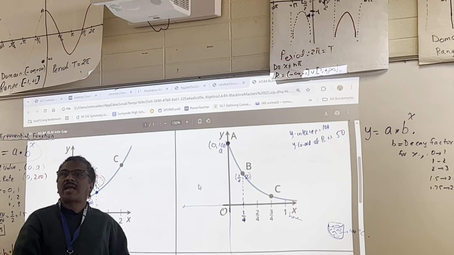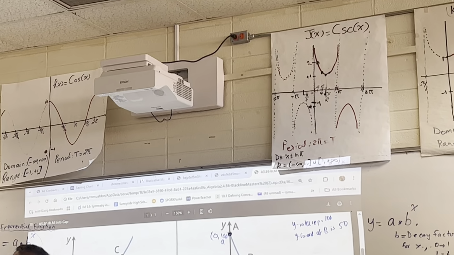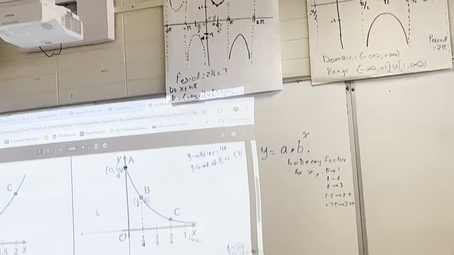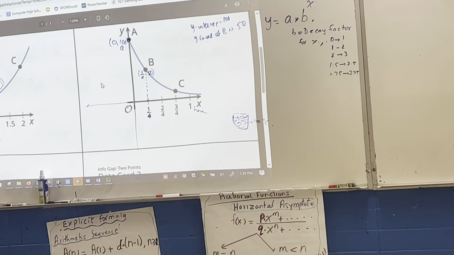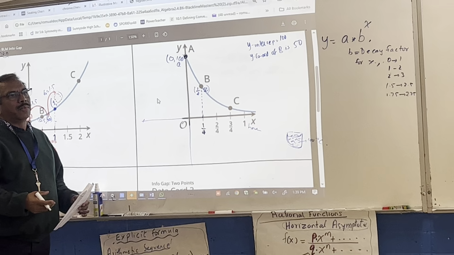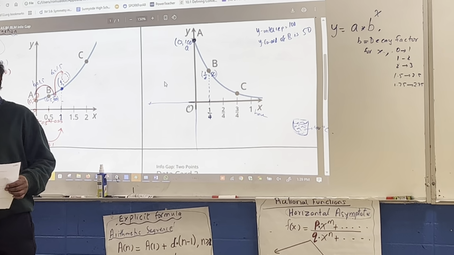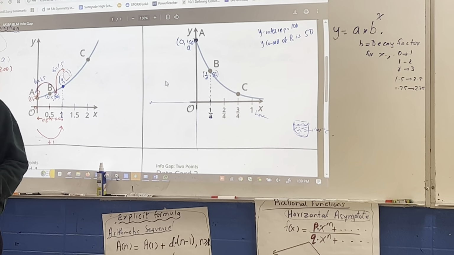So this is what is expected, that you're labeling, you're writing the coordinates, a few things to make sense out of the problem. Agree?